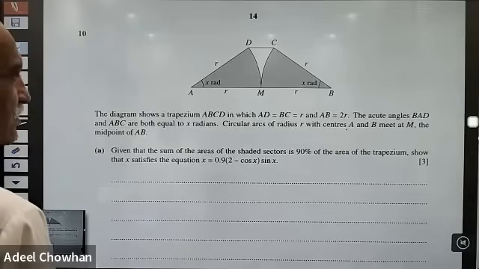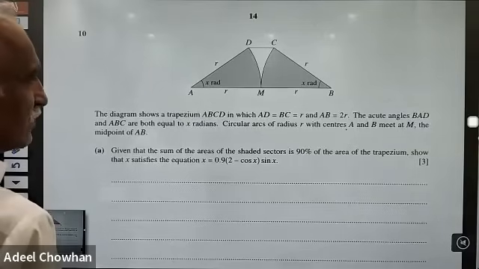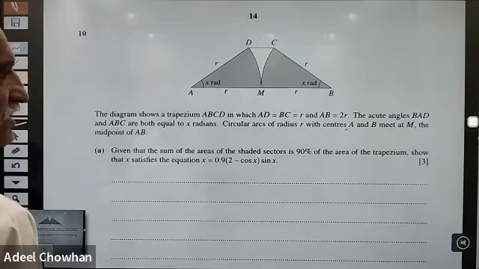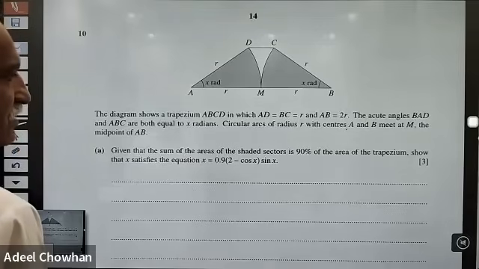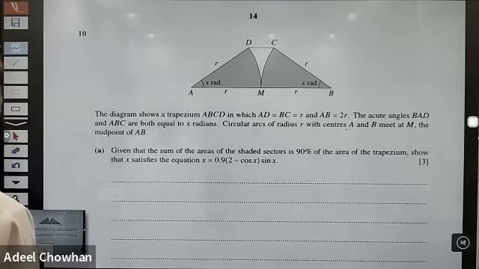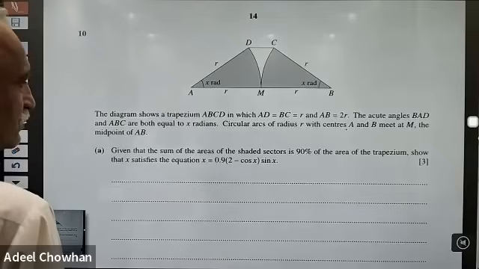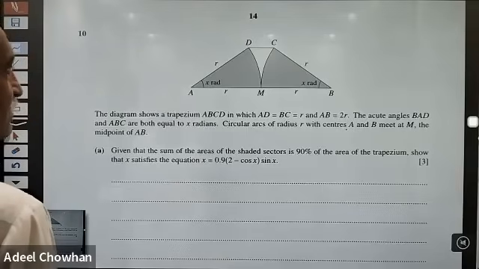The circular arcs of radius R with centers A and B meet at M, the midpoint of AB. Given that the area of the shaded region is 90% of the area of the trapezium, show that x satisfies this equation: x is equal to 0.9 into 2 minus cos of x sine of x.